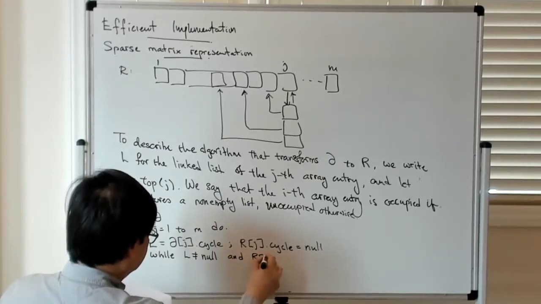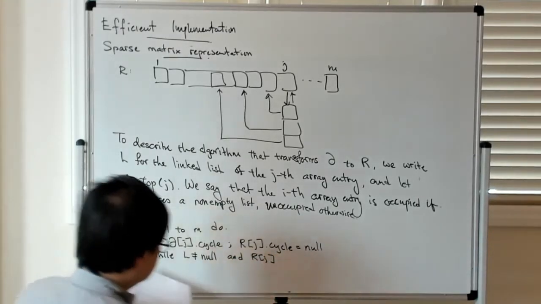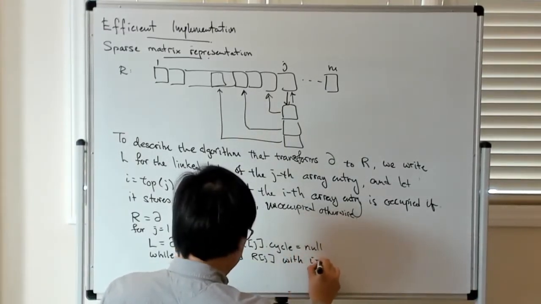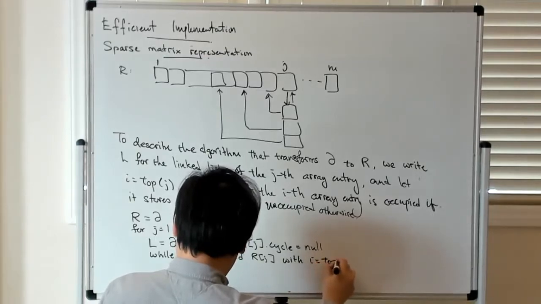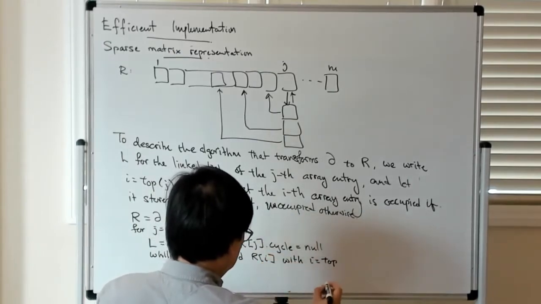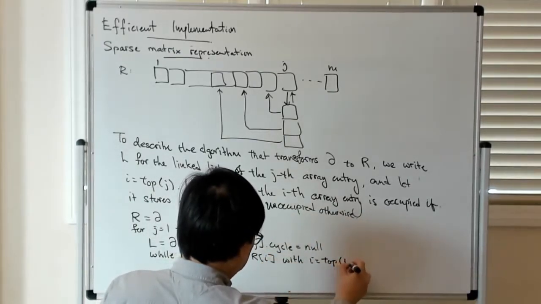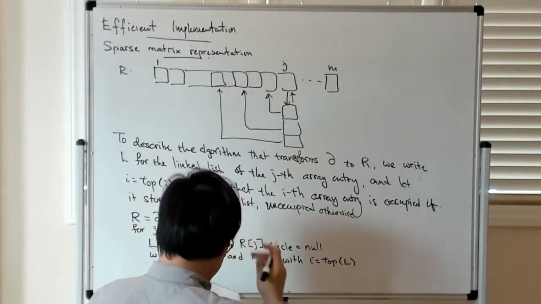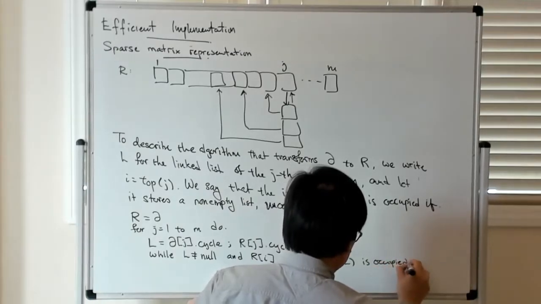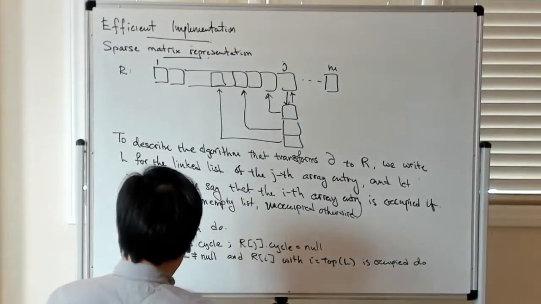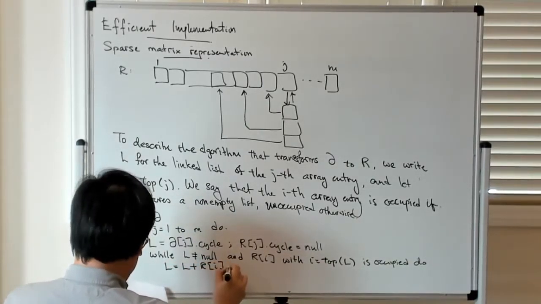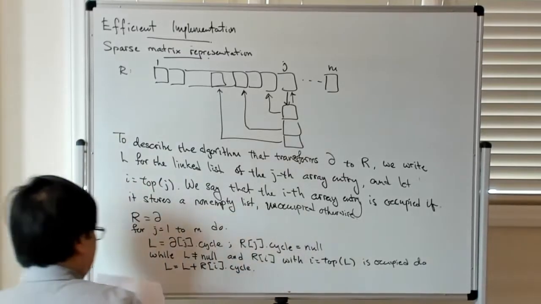While Ri, where I is the top entry of L, is occupied, do the following: you let L be L plus Ri dot cycle. Okay.